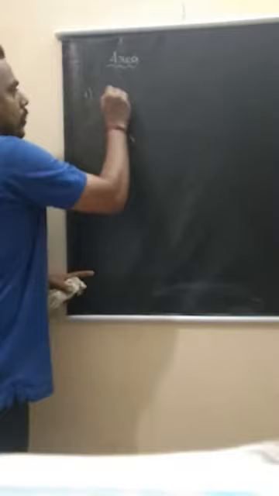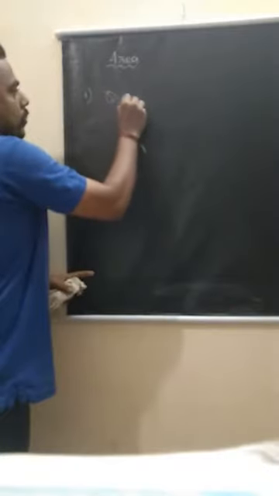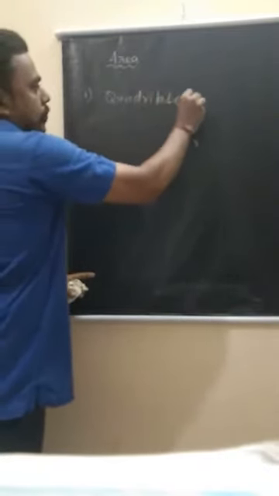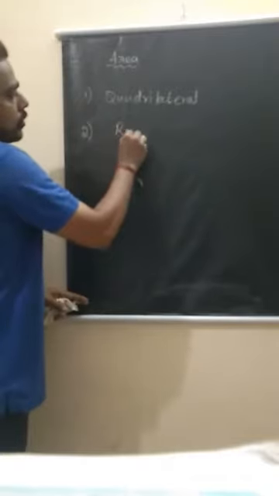Good morning. Now we are going to discuss the area. What are the areas? First, quadrilateral. Second, rhombus.